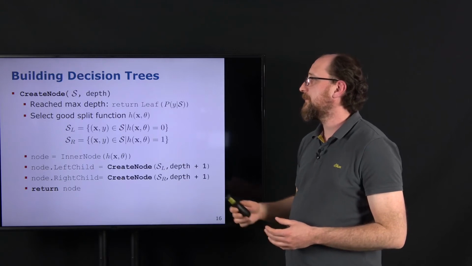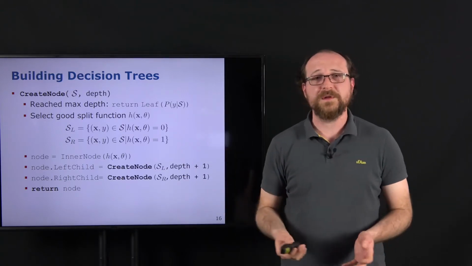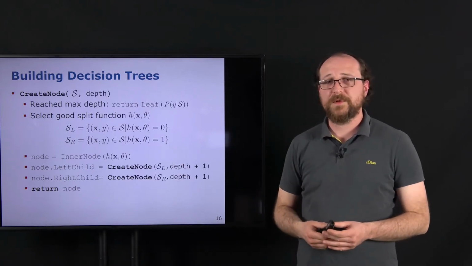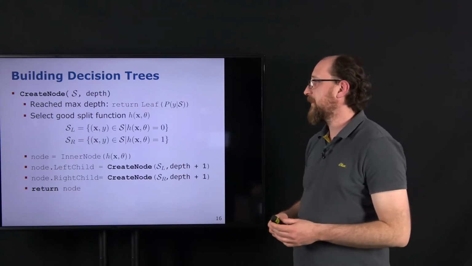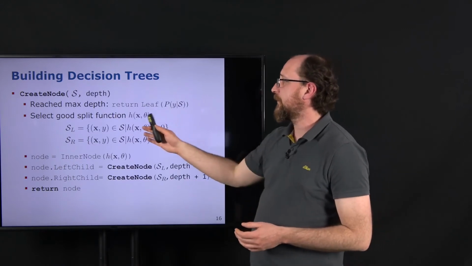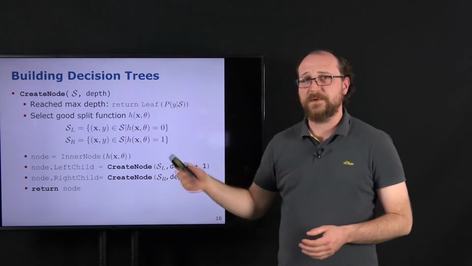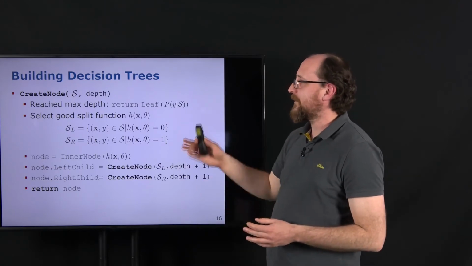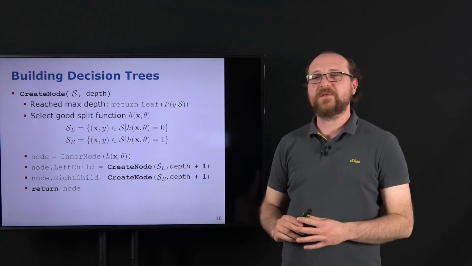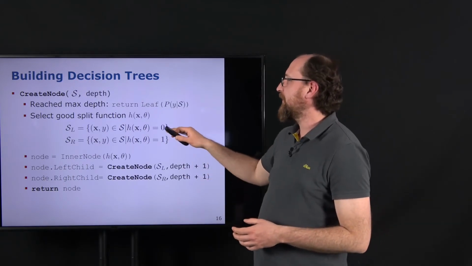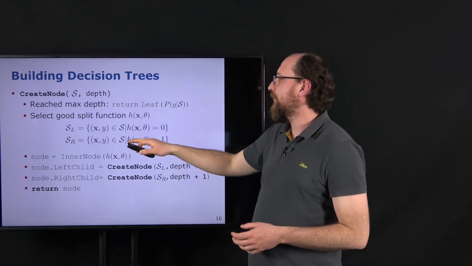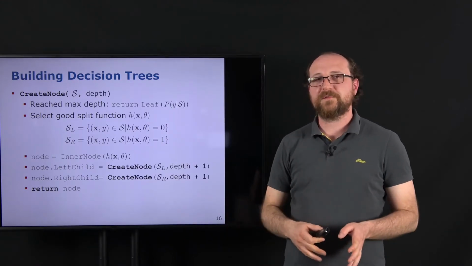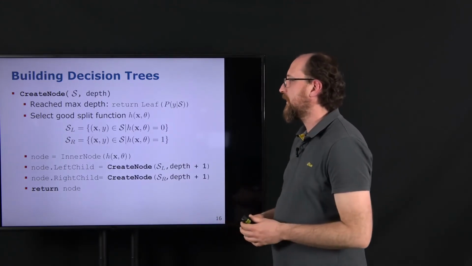And then when we are not building a leaf, we have to decide on a split function. And then we are splitting basically with the split function. So this is something that we discuss in the upcoming slides, how to find a good split function. But let's assume that we have now found a good split function. Then we are just splitting the set that we get into two subsets. So basically a set that goes into the left branch and a set that goes into the right branch.